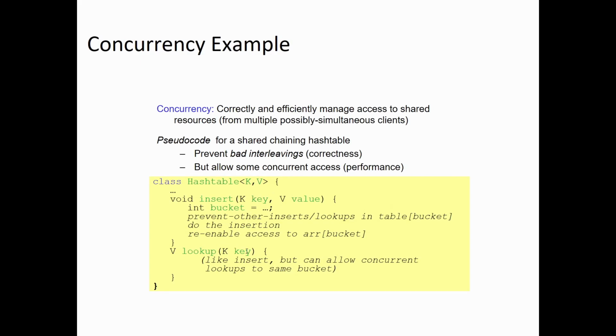And what is concurrency? Concurrency is the correct and efficient management of access to shared resources, which possibly could come from different clients simultaneously. So what is the problem? Just look at the operating system.